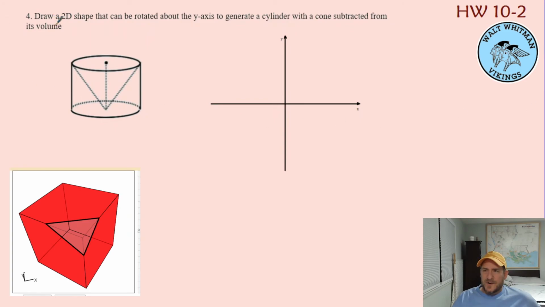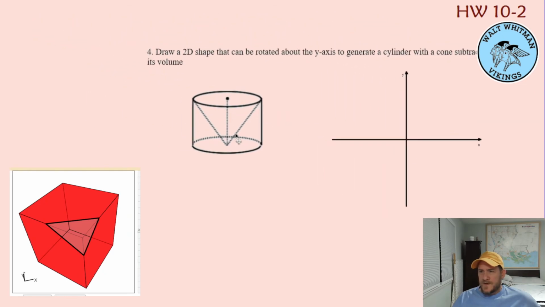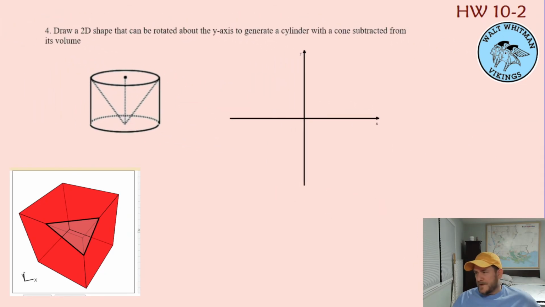Now this says draw a 2D shape that can be rotated about the x-axis to generate a cylinder with a cone subtracted from its volume. Alright, fine.